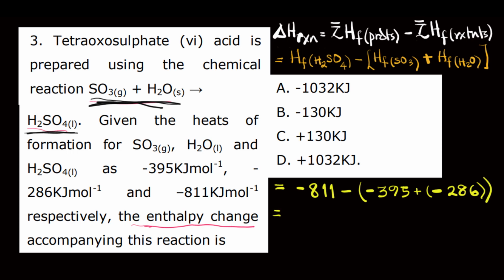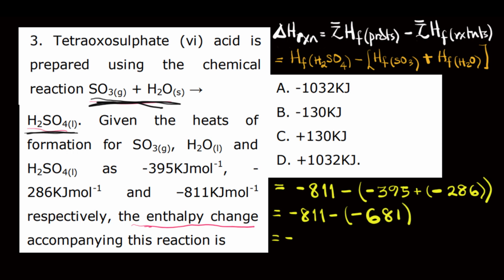So if we evaluate this, we get minus 811 minus into what? Minus. Plus times minus is minus. So that will give minus 395 minus 286. That will give us what? Minus 681, right?